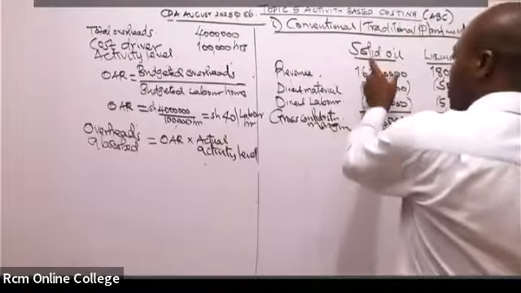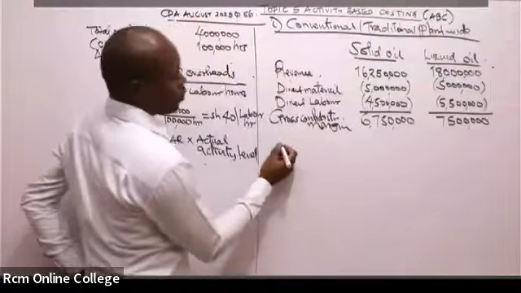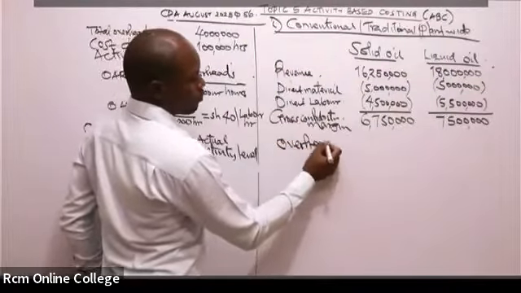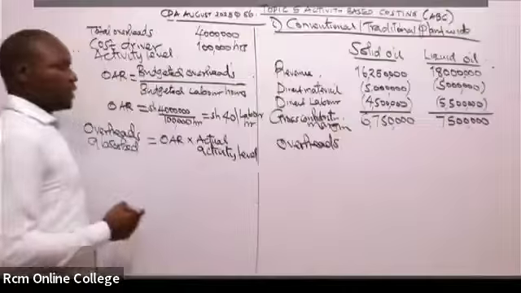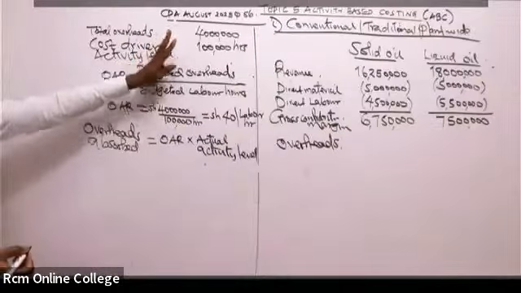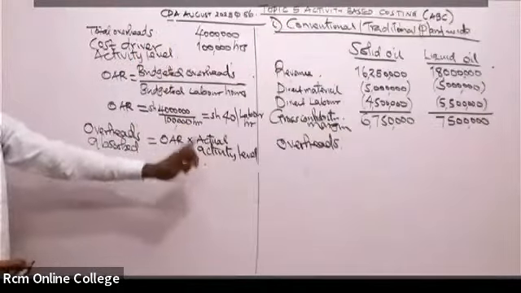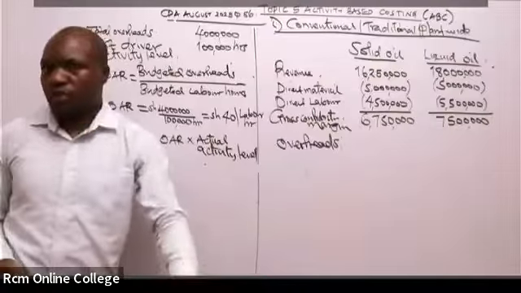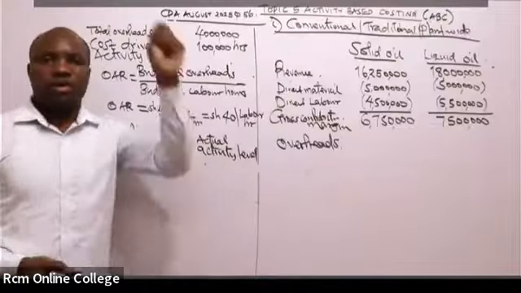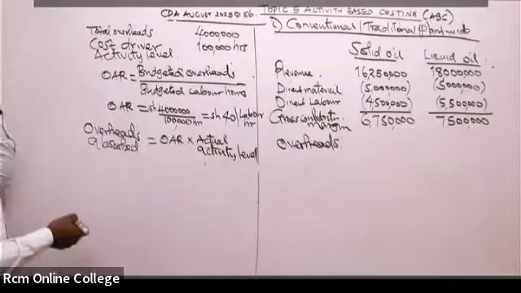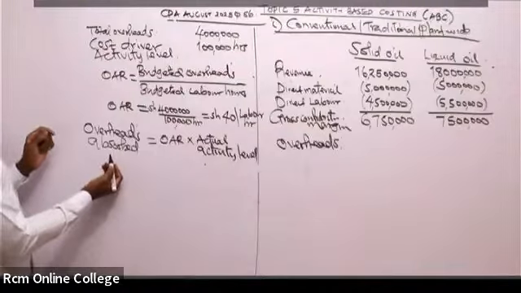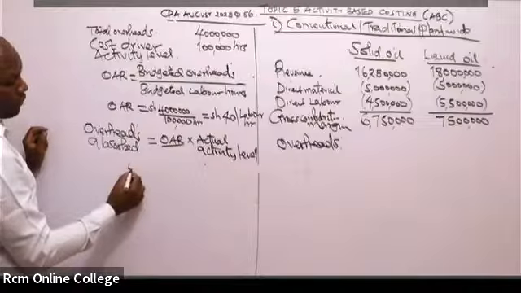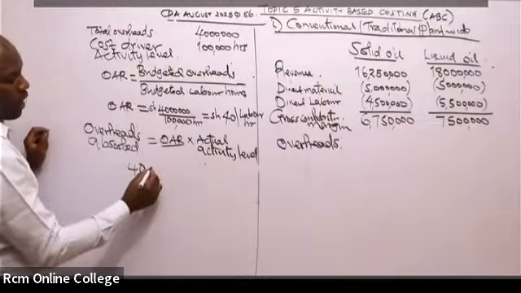Number 1, for the solid oil. So let's now bring the overheads. The budgeted activity level. Now that we don't have actual, if you're not given actual, budgeted will be equal to actual. So overheads absorbed for the solid oil: we talk about overhead absorption rate, the 40 shillings per direct labor hour.